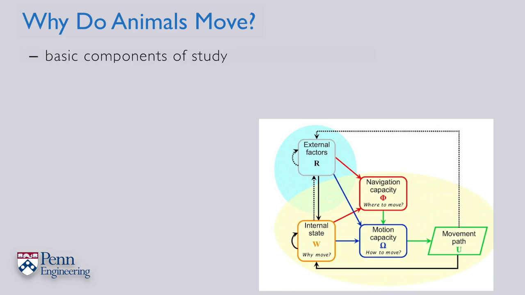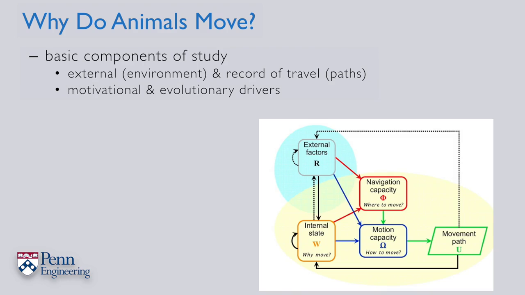In our module, we're not going to so much consider the environmental record of travel. We are not so much going to consider the motivation and evolutionary drivers. We're going to focus largely on the mechanical and navigational capabilities.